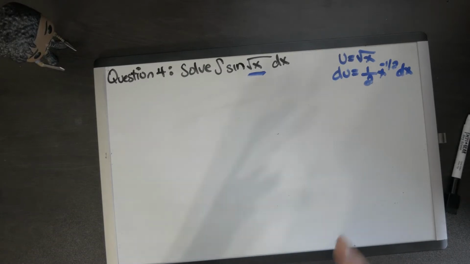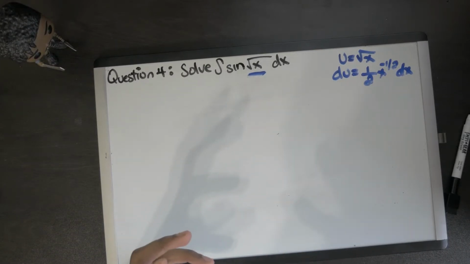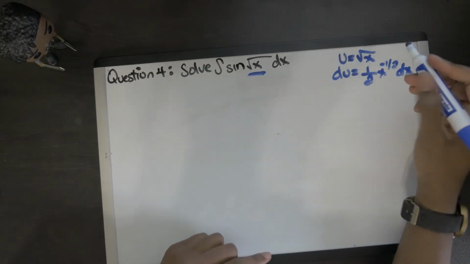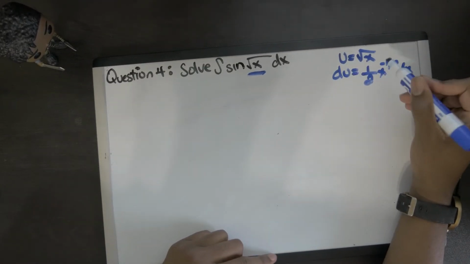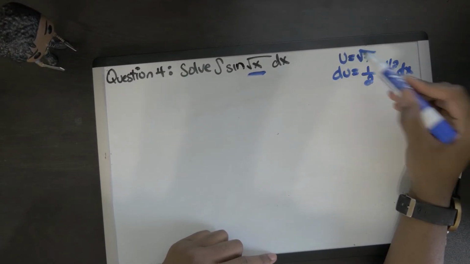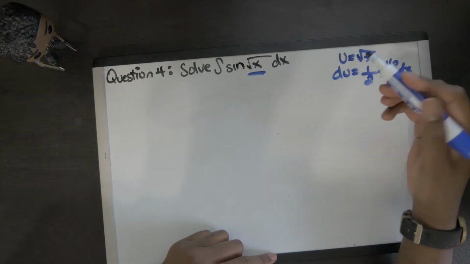But that's still kind of ugly. I want to condense that down a little further, because we know that x to the negative 1/2 is the same as saying root x. So why not just replace it with another u? Let's go ahead and do that.